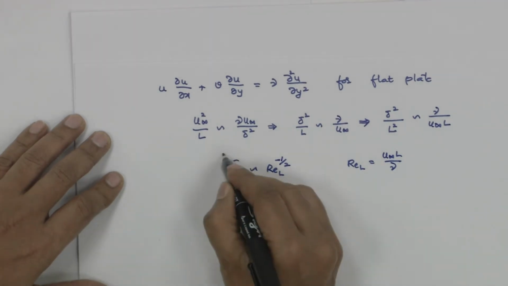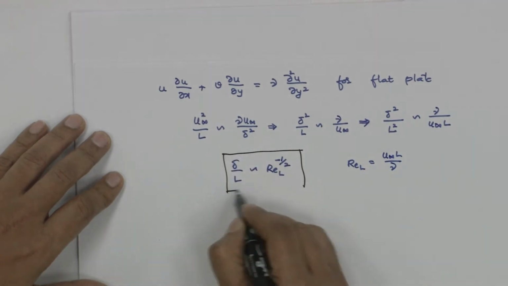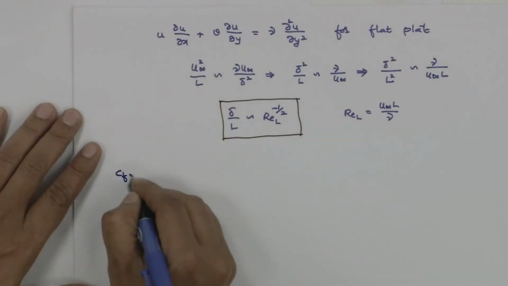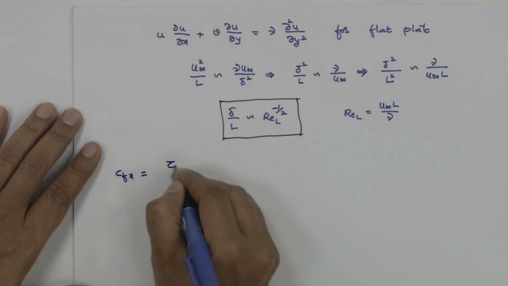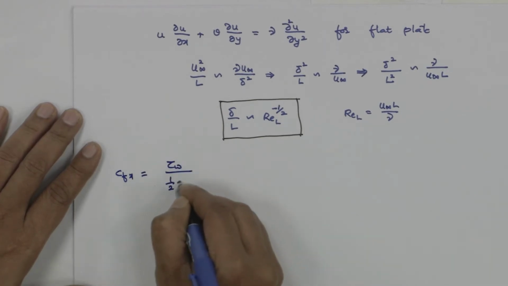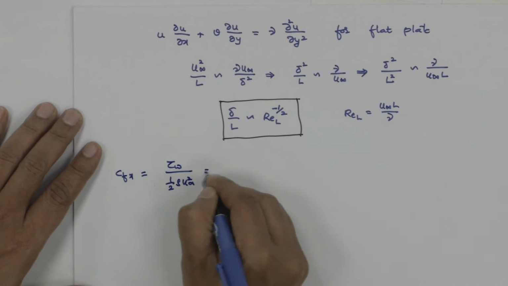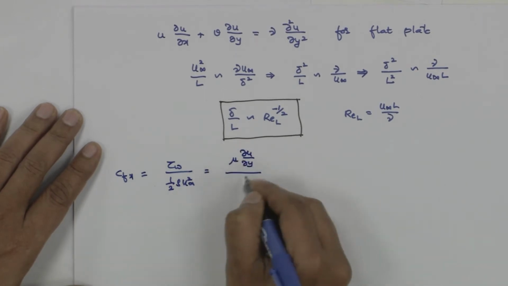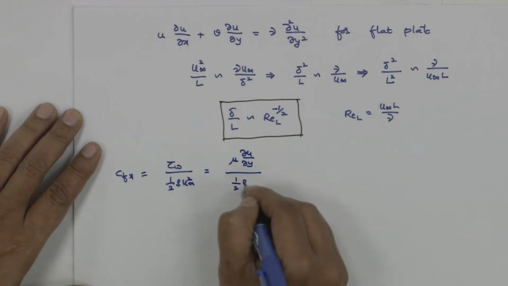So this is the boundary layer thickness. So we got part of our solution, that is delta by L. The story is not over because we need to get C_f of x. So C_f of x we know is given by tau wall divided by half rho u infinity squared, and tau wall is mu del u by del y, upon half rho u infinity squared.